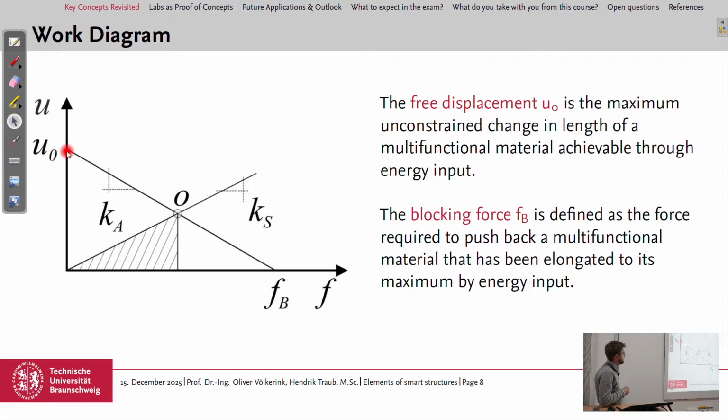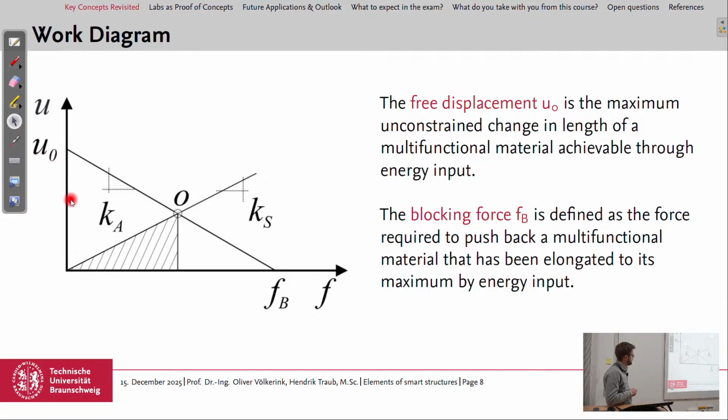So here is the free displacement, and the second parameter, the blocking force, is defined as the force we require to push back a multifunctional material that has been elongated to its maximum by energy input, so push back to its original length, so we don't have any displacement.